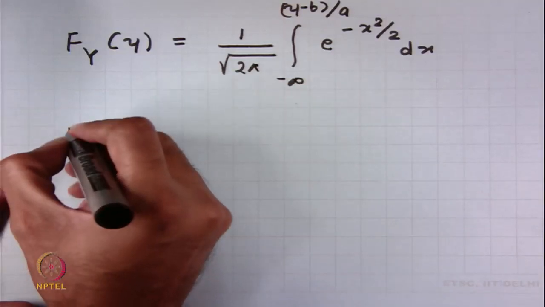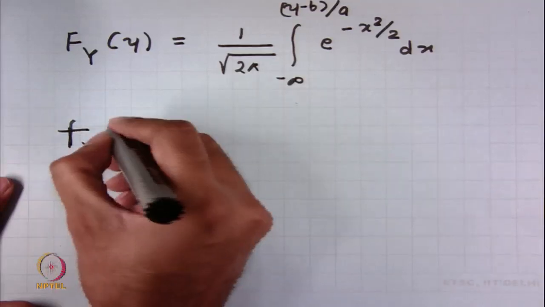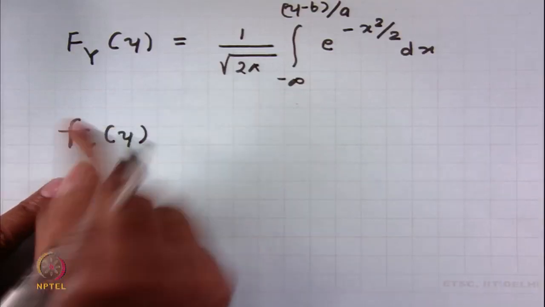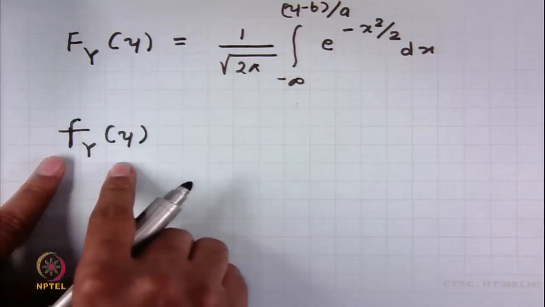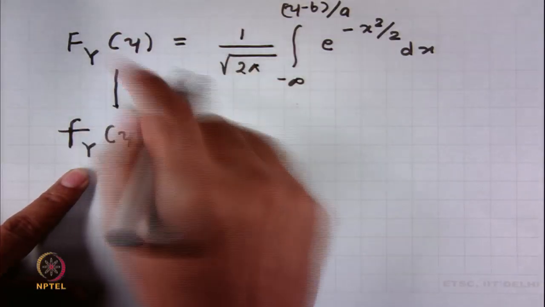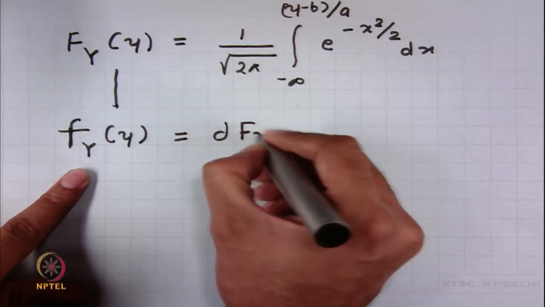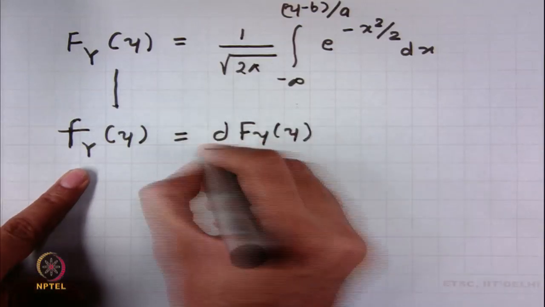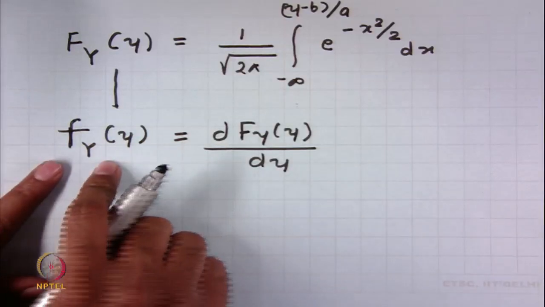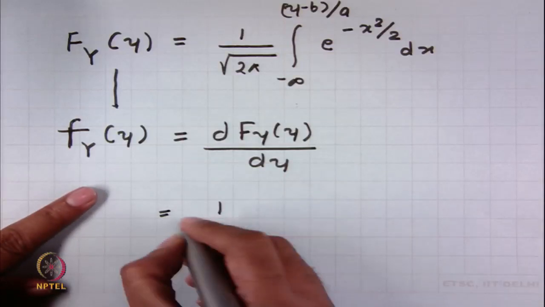So, for the probability density function, we use small f to denote that this is a probability density function. So, going from here to here, you just have to differentiate. You can differentiate the CDF to get the probability density function of y.